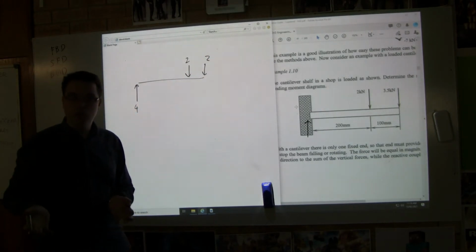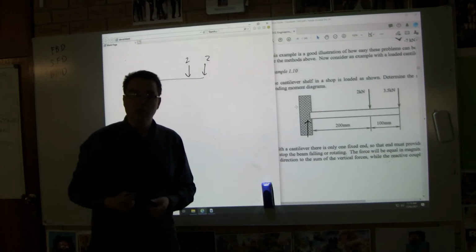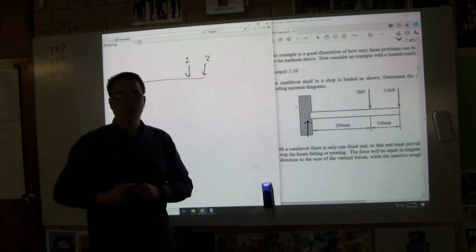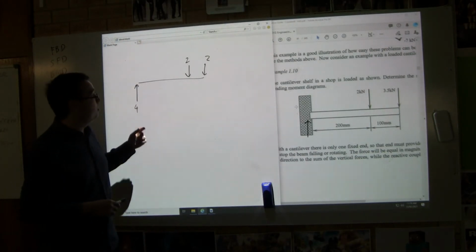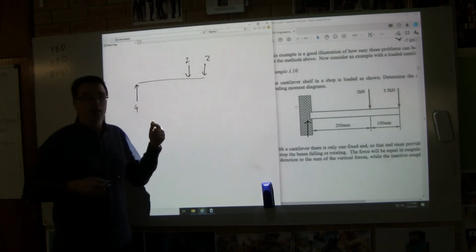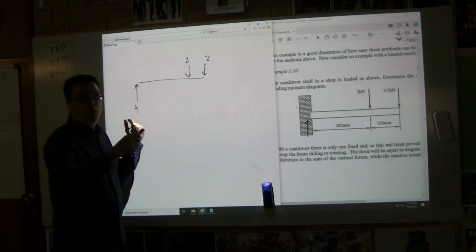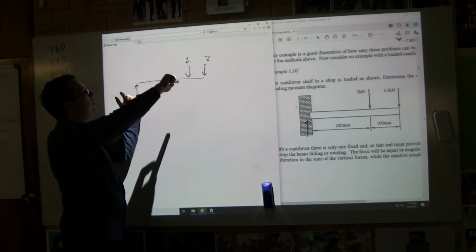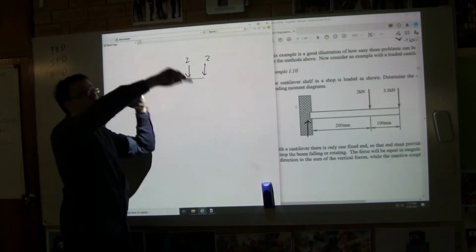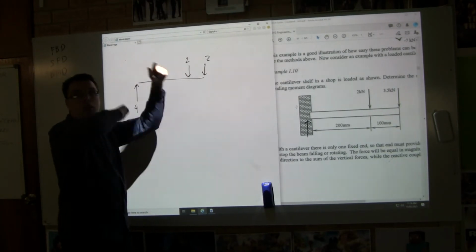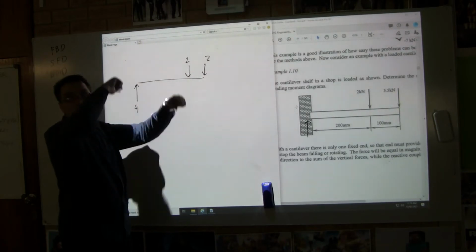The sum of the forces vertically are balanced, yeah? But the moments aren't balanced. Some of you may remember from the year 11 course that if you don't have your moments balanced, this beam will start to spin forever because there's nothing resisting it.